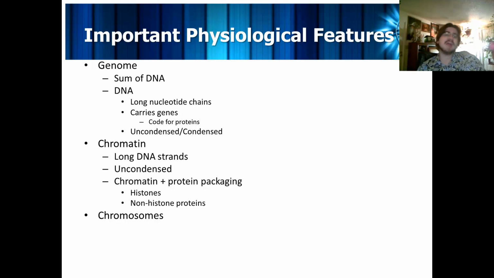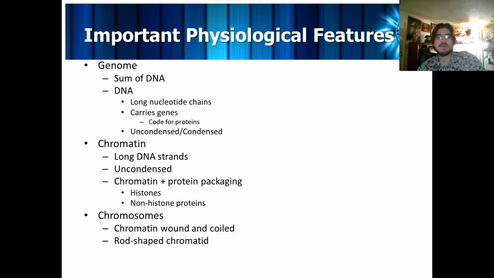We can contrast chromatin with the highly compact, organized, condensed chromosomes. So this is when chromatin is wound and coiled up, compacted together, condensed into chromatids.